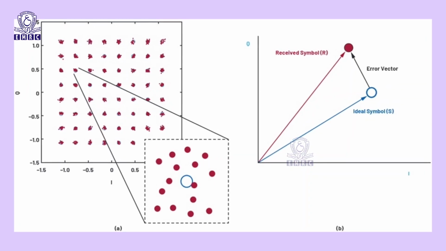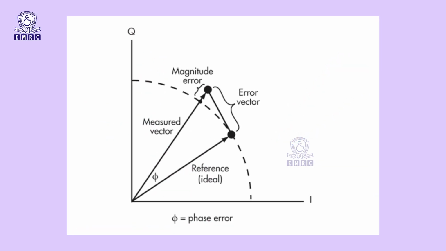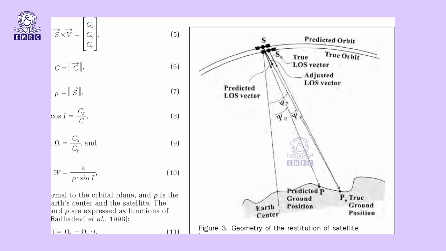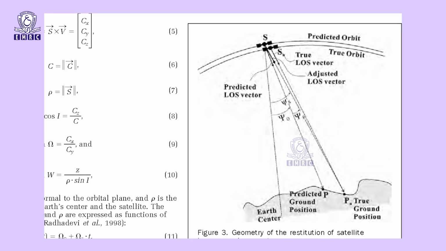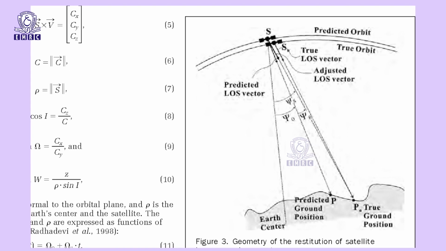The residual satellite position error vector has typical magnitudes in the range of 1 to 6 meters. The effective pseudo range and carrier phase errors due to ephemeris prediction error can be computed by projecting the satellite position error vector onto the satellite LOS vector.